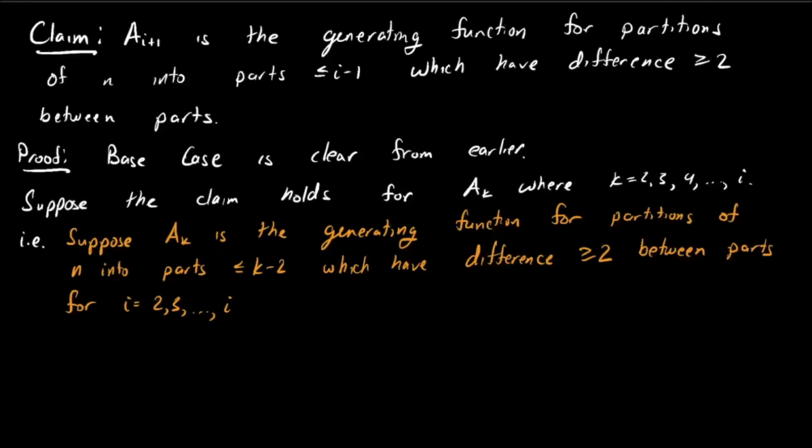Okay, so we've taken a second to write that down. So the assumption I'm making is the assumption in orange. So now what I'd like to do is take a partition of n into parts that are smaller than or equal to I minus 1 with difference greater than or equal to 2 between the parts. Right?